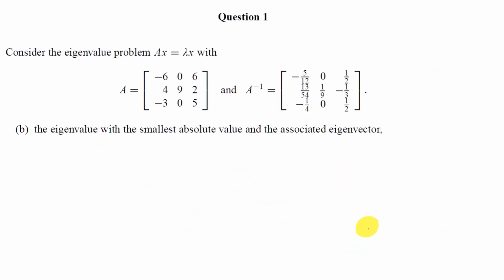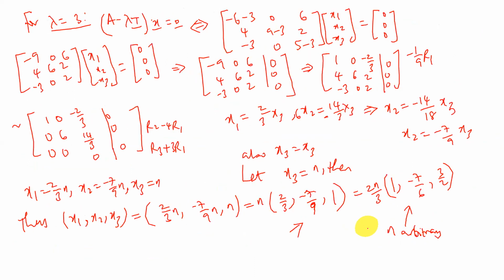And for 9, we got the eigenvector, excuse me.